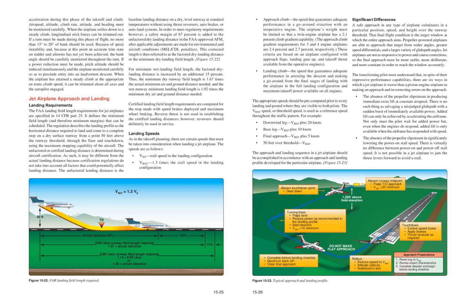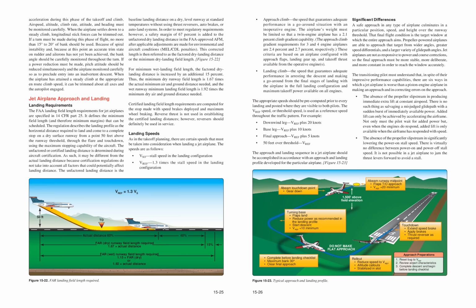Beam touchdown point, gear down. Beam runway midpoint, flaps T.O. approach, VREF plus 20 minimum. 1,500 above field elevation. Turning base, flaps land, reduce power as recommended in the landing profile, start descent, VREF plus 10 minimum. Do not make flat approach. Touchdown, extend speed brake, apply brakes, thrust reverser as required.